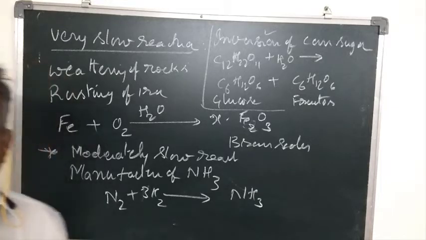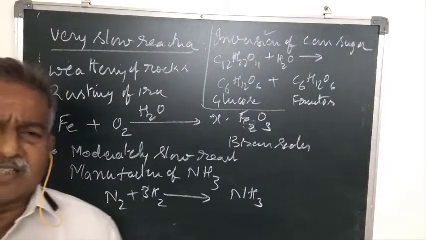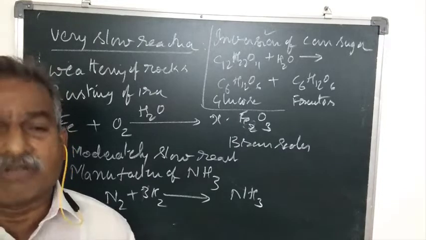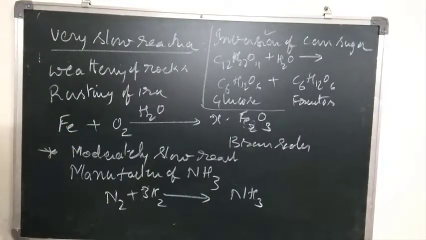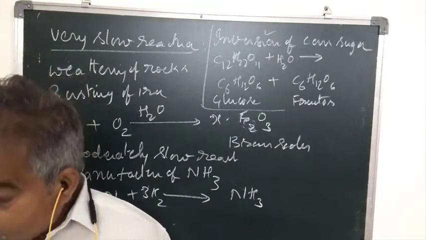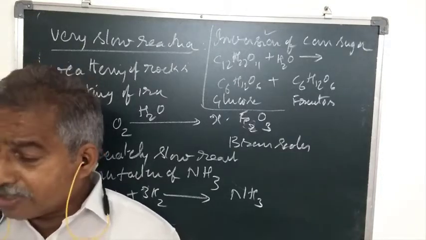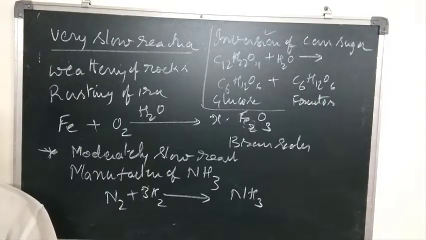Thus the reactions can be classified into three categories: very fast reactions, very slow reactions, and moderately slow reactions. Therefore, kinetics not only gives the speed of the reaction at which it goes on, but also describes the conditions.